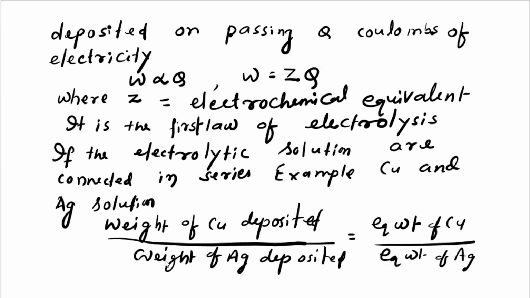If the electrolyte solutions are connected in a series, suppose there are two electrolytes, copper and silver, then what happens?